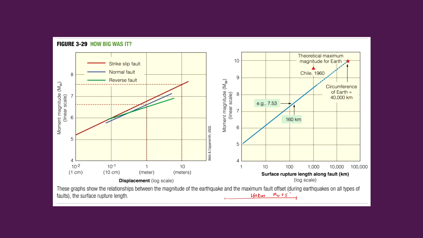So, very short, but the magnitude is quite good enough, at least for the Indian side, to create huge damage. And in case of the 1960 earthquake, the magnitude was 9.5 Mw, which resulted in a rupture of almost 1000 kilometers.